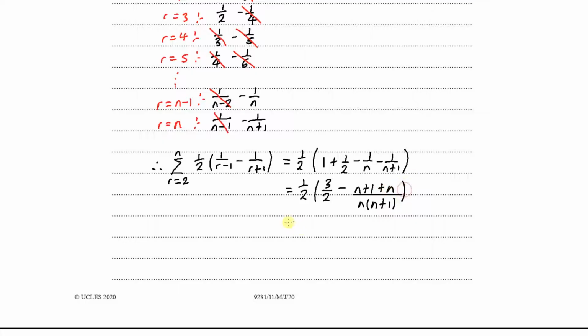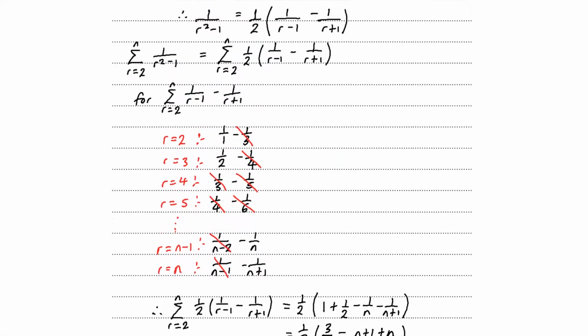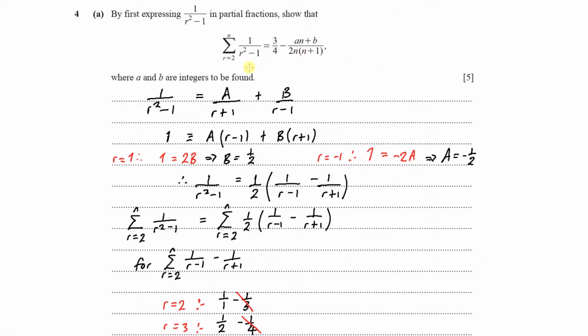And we can simplify this again to get a half of 3 over 2 minus n plus n here, that's 2n plus 1 over n of n plus 1. And finally, half times 3 over 2, that's 3/4, minus half times this algebraic fraction here, we get 2n plus 1 over 2n of n plus 1. And what we have formed here is what they wanted us to get.